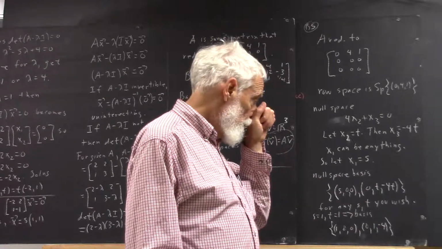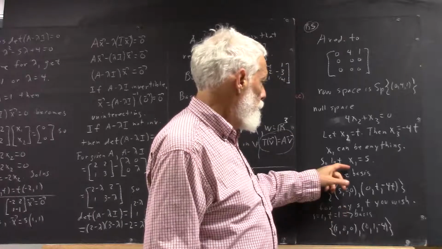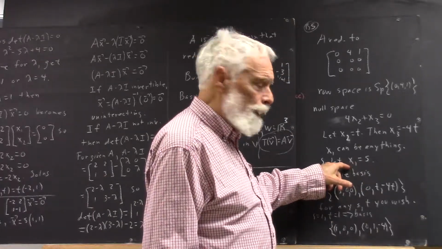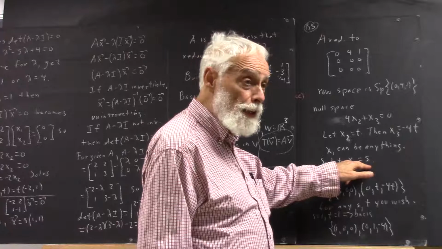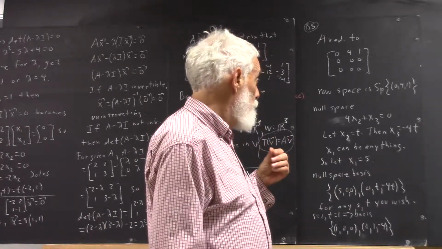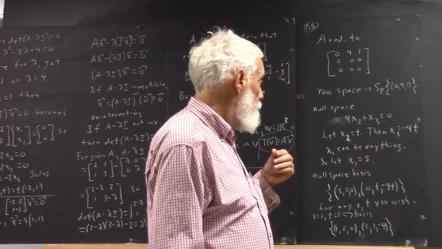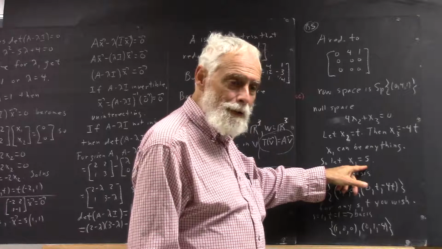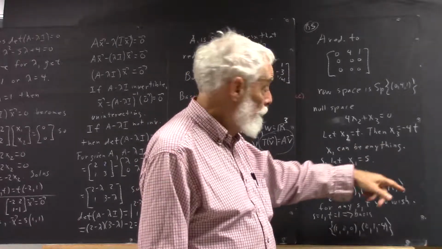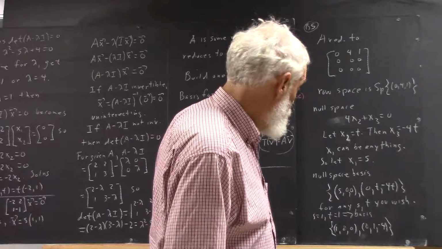Okay, the basis that I get out of this, I choose to put the s for x1. I'm going to let x2 and x3 be 0 when x1 equals s, so I'm just going to get s, 0, 0 for one vector in the null space.